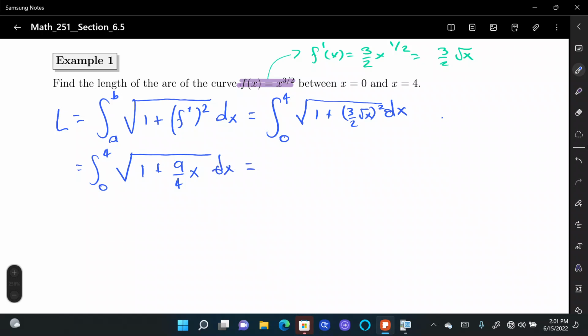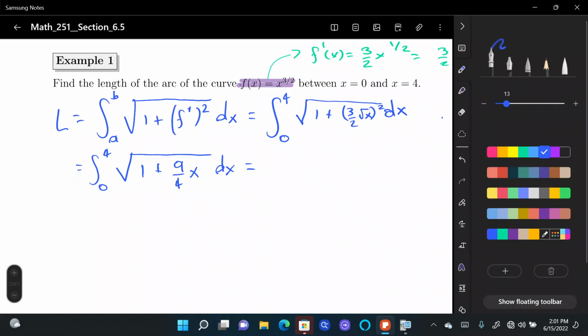Well, let's have a look at this integral. Any ideas on how to evaluate that integral? Separated? You mean the square root of 1 plus the square root of 9/4 x? Careful, we cannot distribute a radical over a sum or difference of terms, right? Tiffany? Use substitution? Yep.